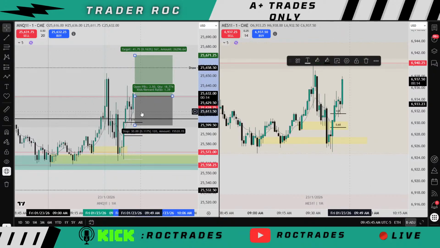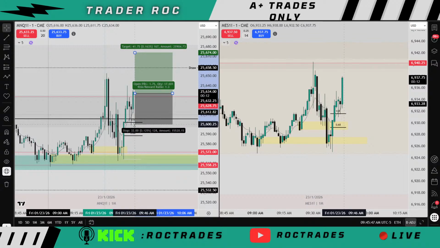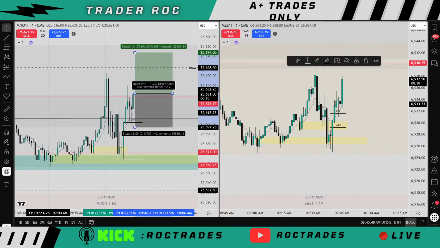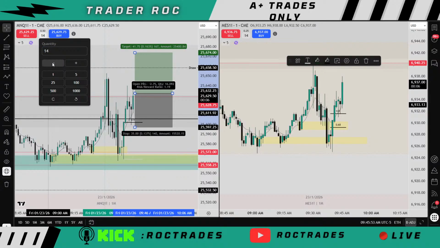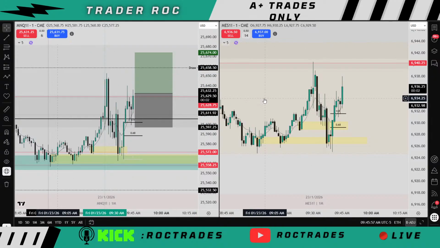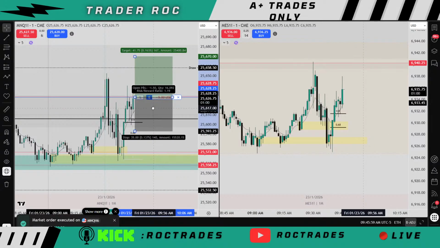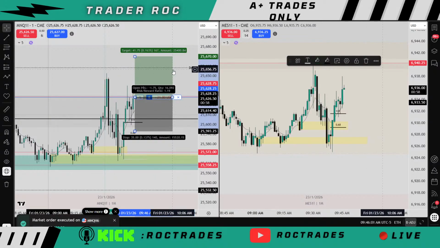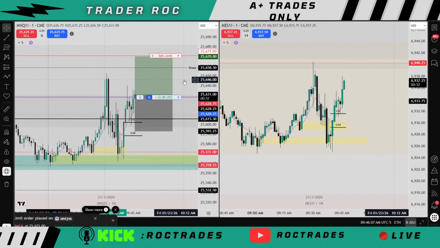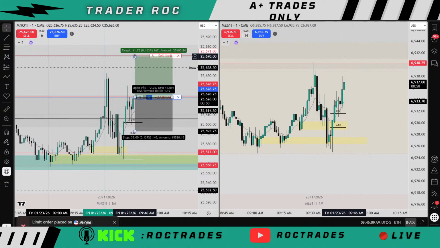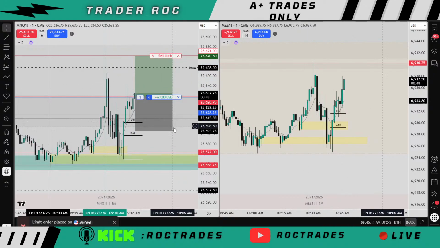We're respecting 50%. Price is showing a lot of speed. 35 points would be 9 micros. So I'll go like 7, 6 maybe. I'm long there. I'm long there at 25,631. And we should see a sharp move quicker here to the upside.